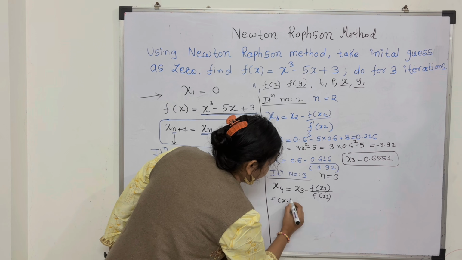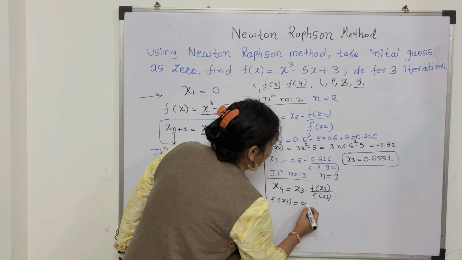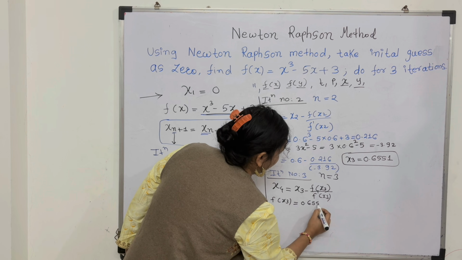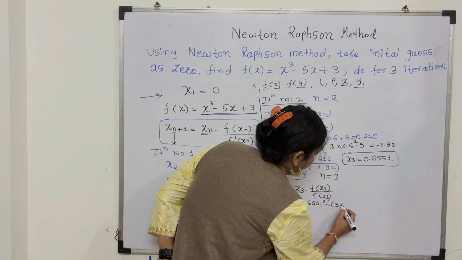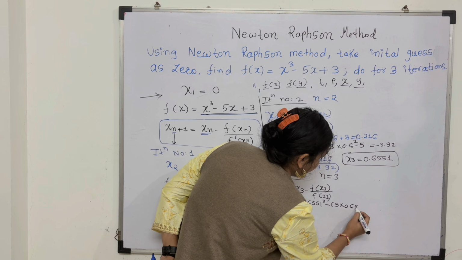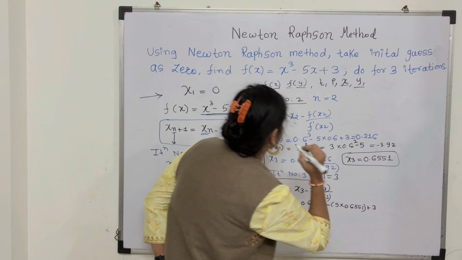F of x3 becomes 0.6551 cubed minus 5 into 0.6551 plus 3.